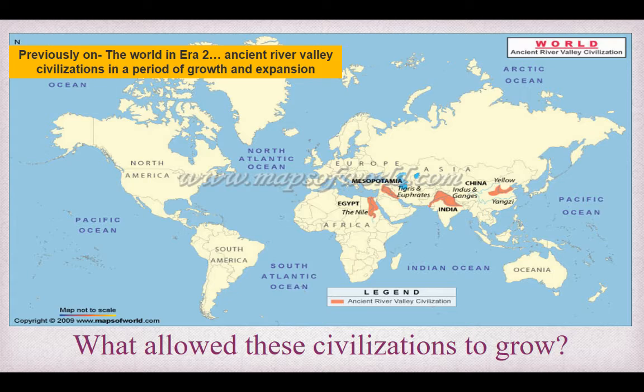Again, think about some of the things that we discussed last unit, like geographic luck and cultural diffusion, as well as their trade and the interconnectedness that we started to see at the end of Era 2. So make sure that you write down a couple of those things that you remember from last unit that help these civilizations to grow.